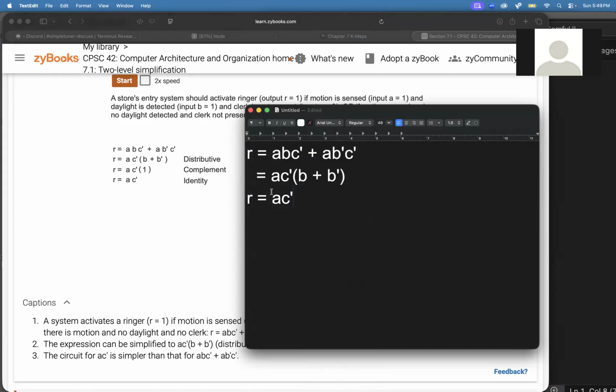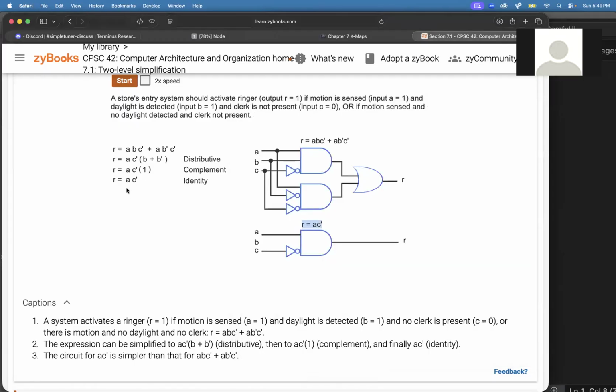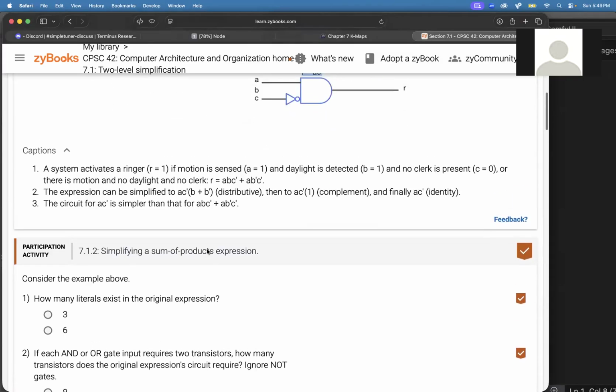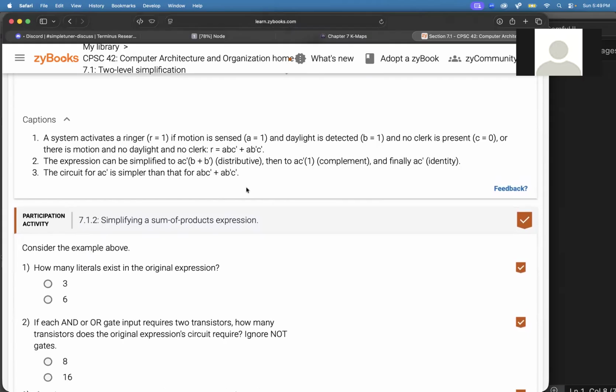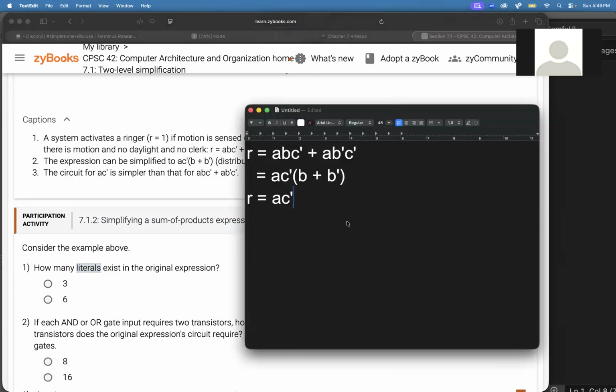So anyway, you can simplify expressions like this, and then there are some exercises related to that. It says literals, first of all. What is a literal? I think we covered that in an earlier lecture, but a literal is one instance of a variable.